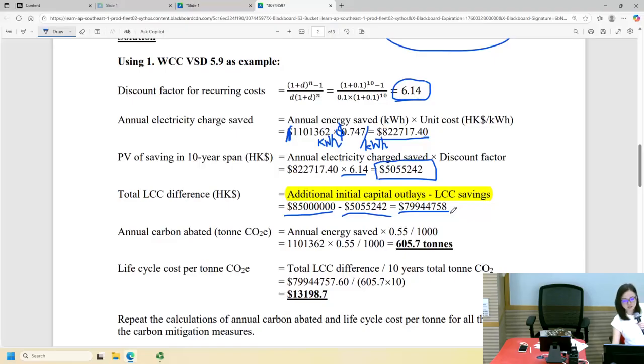Okay, so this is the cost, and we also want to calculate the total amount of carbon dioxide that can be reduced in 10 years.